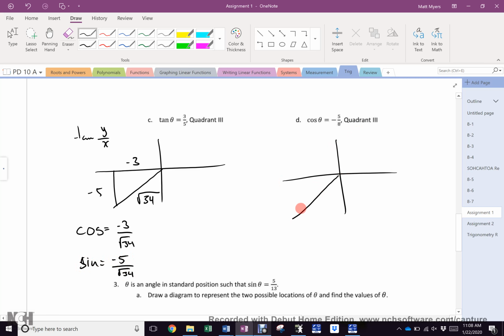And quadrant 3, negative 5, 8. So this is 64 minus 25, which is 39. This is root 39. So tan equals root 39 over 5, and sine equals negative root 39 over 8.